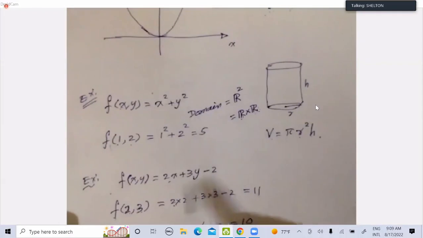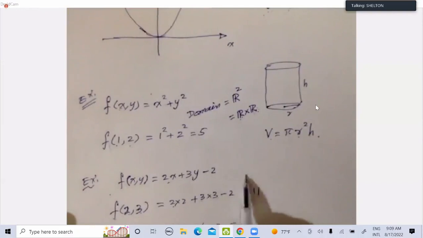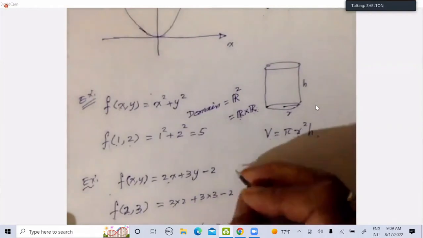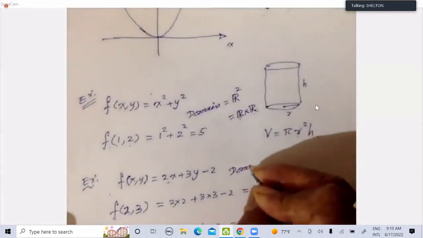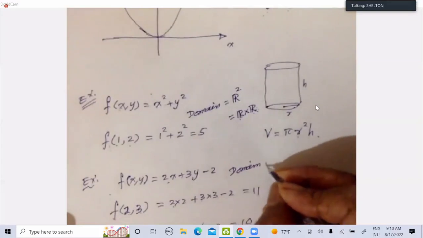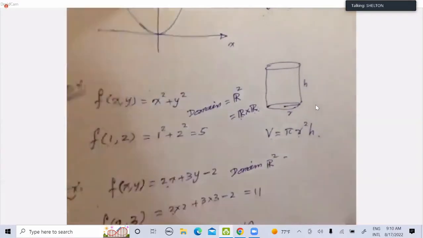What is the domain of this one? The domain of this function is also any real number. Any real number would give you a real output. So the domain of this one is also R squared. Now, what is the domain of this function?